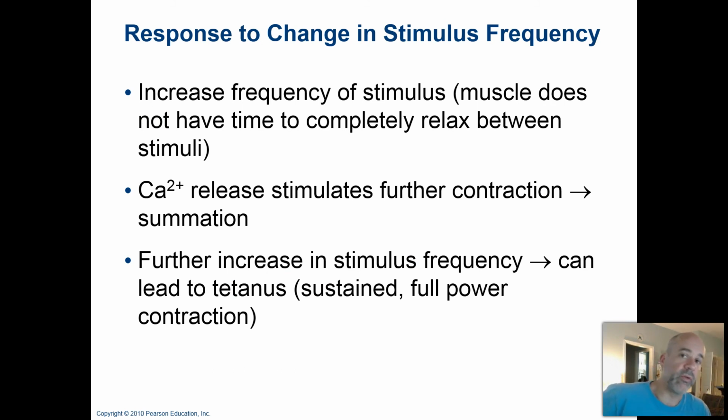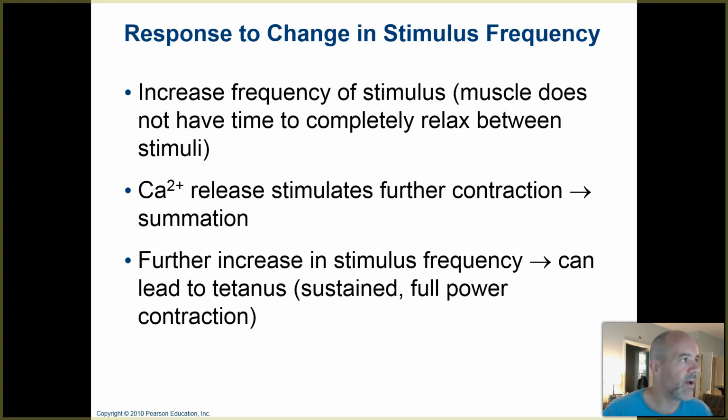Now we're going to see what happens when a motor neuron sends action potential after action potential, because that is in reality what happens. So if you increase the frequency of the stimulus like that, the muscle doesn't have time to completely relax. On your muscle twitch diagram, it's going up and then coming all the way back down. But if you keep action potentials happening, you're not going to have time for complete relaxation before you've re-stimulated.